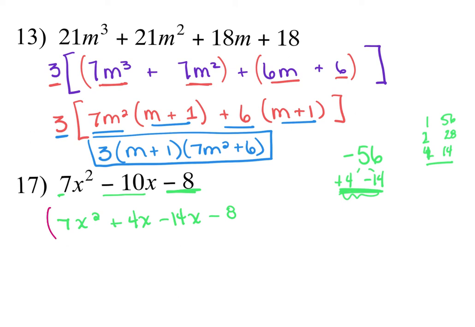And so you can group the first two, group the last two. If you did it where there was a negative, you do need to change that last sign. And then you are just going to then, what do I have in common? So what do I have in common on the first one? Just an x. Right. So then I have 7x plus 4.